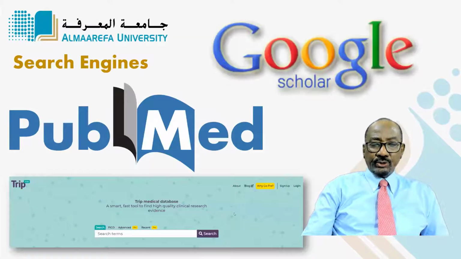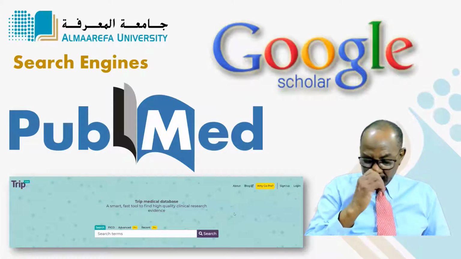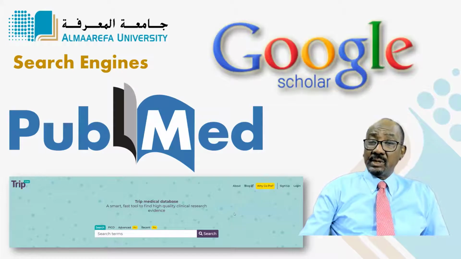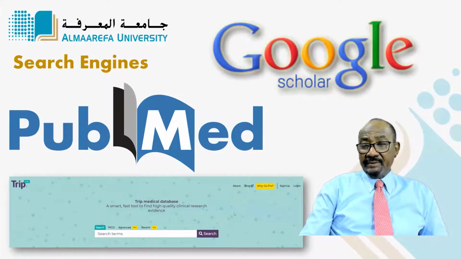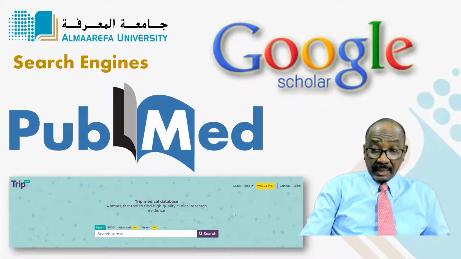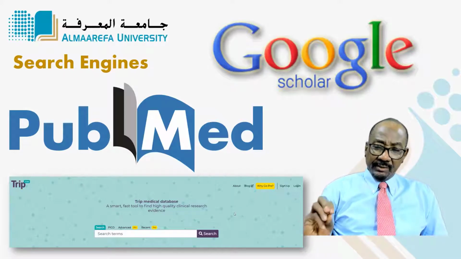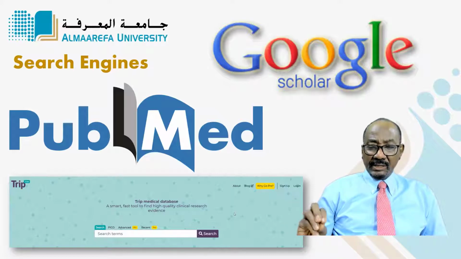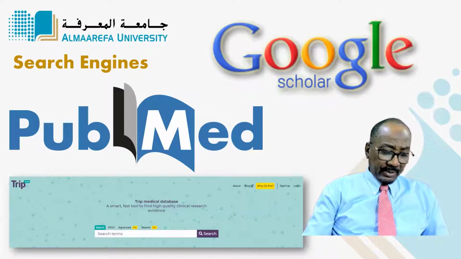Now, also you can use the search engines, and the most widely used search engines are Google, particularly Google Scholar, if you are interested in finding papers and scholarly material. You can also use PubMed if you want to search in very specific health-related publications.